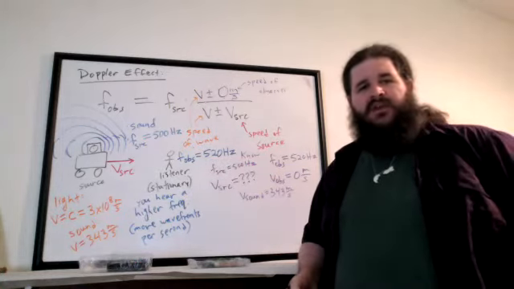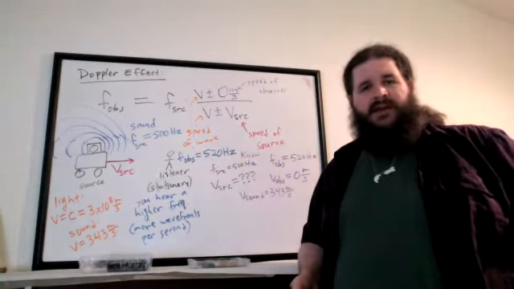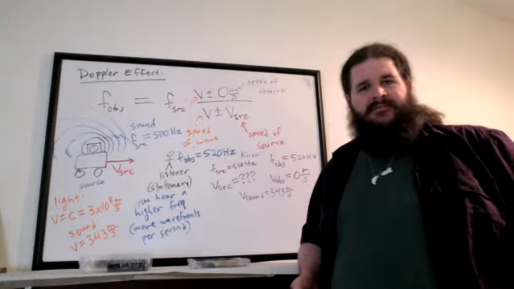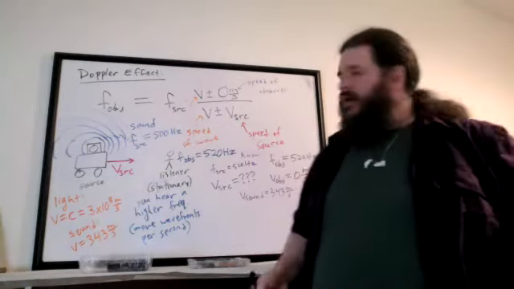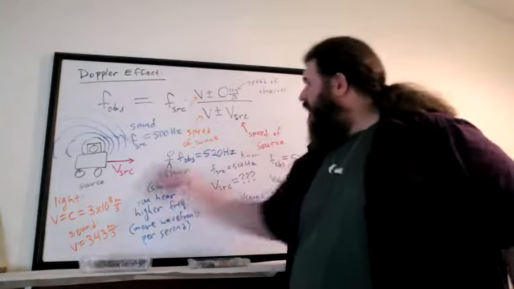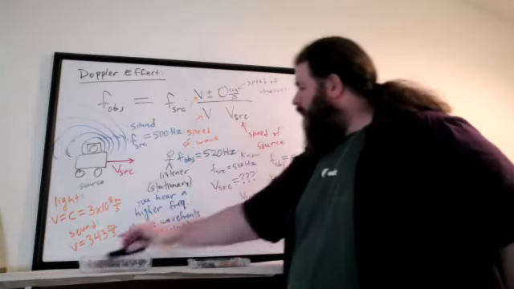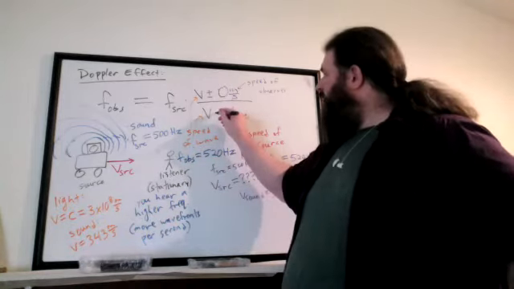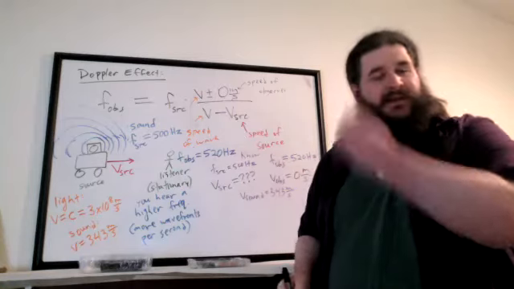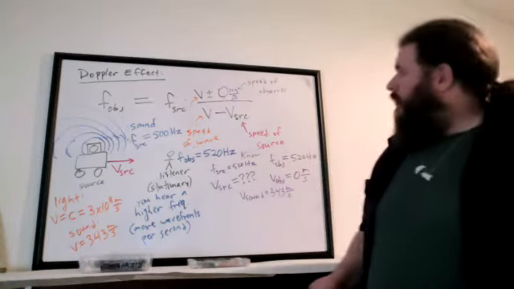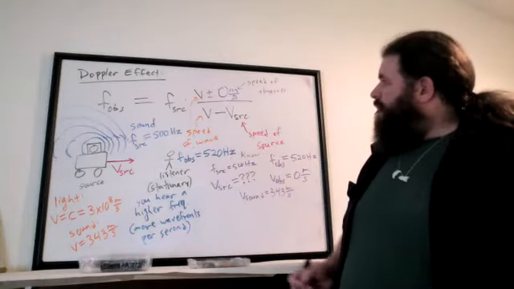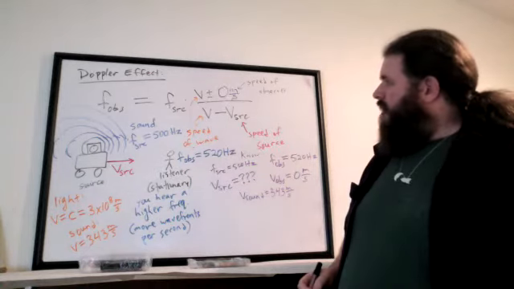So to make the result bigger, do we want the denominator to be bigger or smaller? Smaller. Yeah, a smaller denominator results in a bigger answer. So we want the denominator to be smaller than the numerator. So we should be expecting a subtraction here to make the denominator smaller and therefore make the result larger.